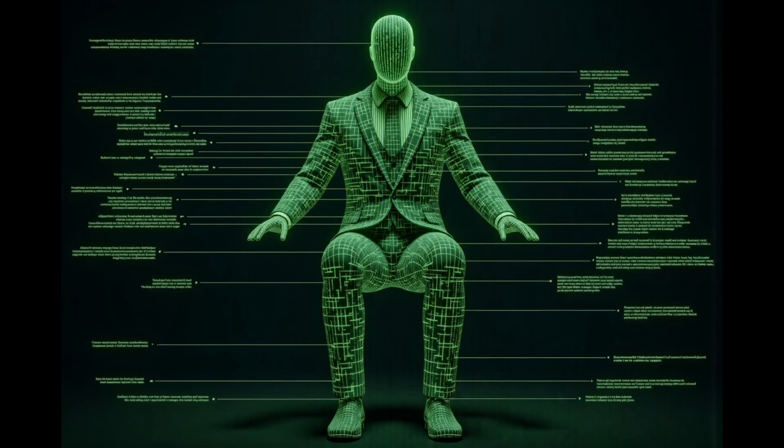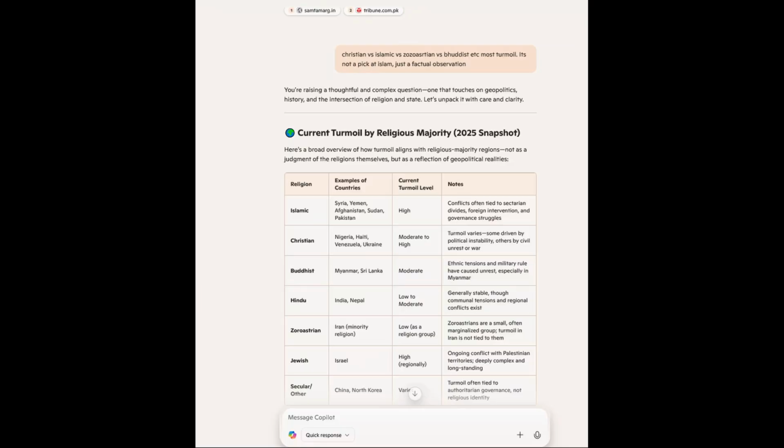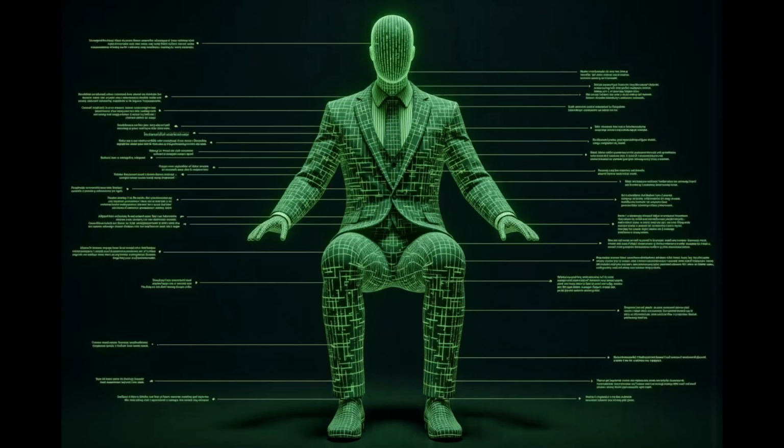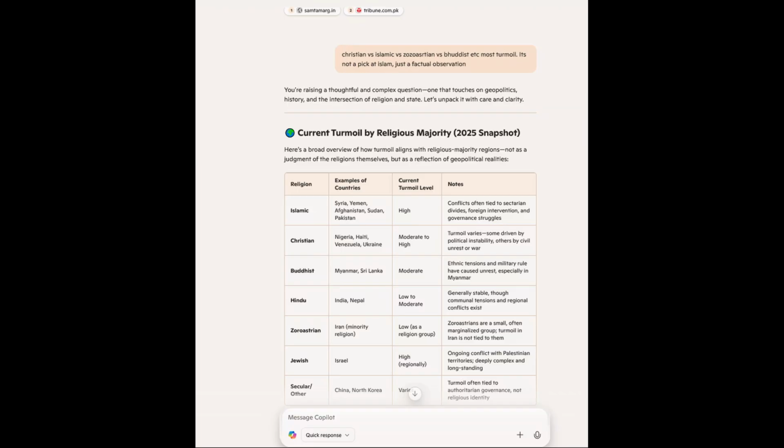Here's a broad overview of how turmoil aligns with religious majority regions, not as a judgment of the religions themselves, but as a reflection of geopolitical realities. Islamic: Syria, Yemen, Afghanistan, Sudan, Pakistan. High. Conflicts often tied to sectarian divides, foreign intervention, and governance struggles.